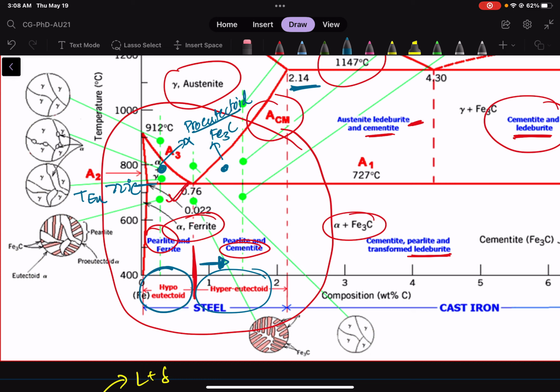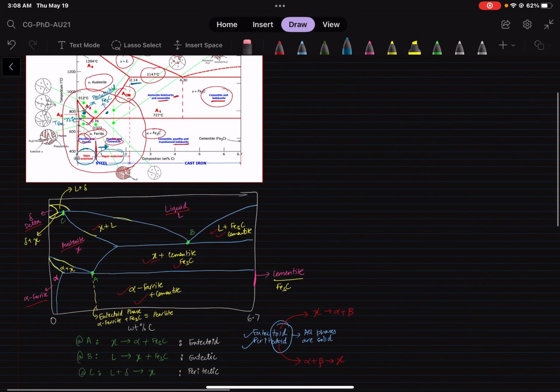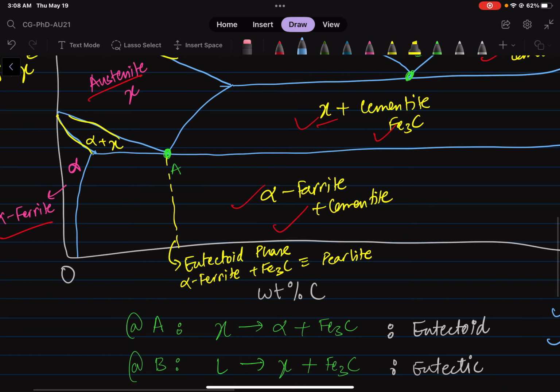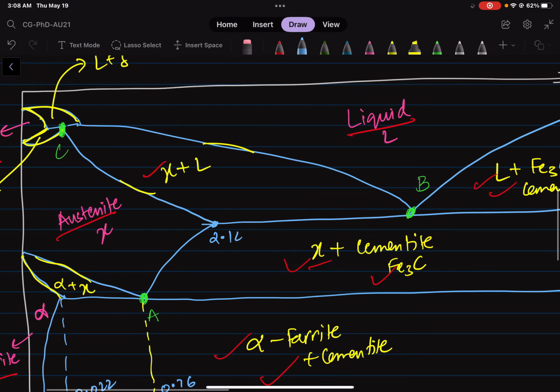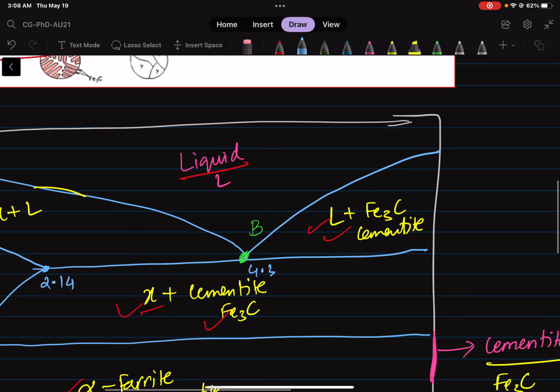Right. So this is a quick summary of just practicing the iron carbon phase diagram, labeling phases, identifying some of the important phases. So let's write some concentrations: 0.76. This is 0.022. Is that correct? Yes. And then this is 2.14, and then you will have 4.30.